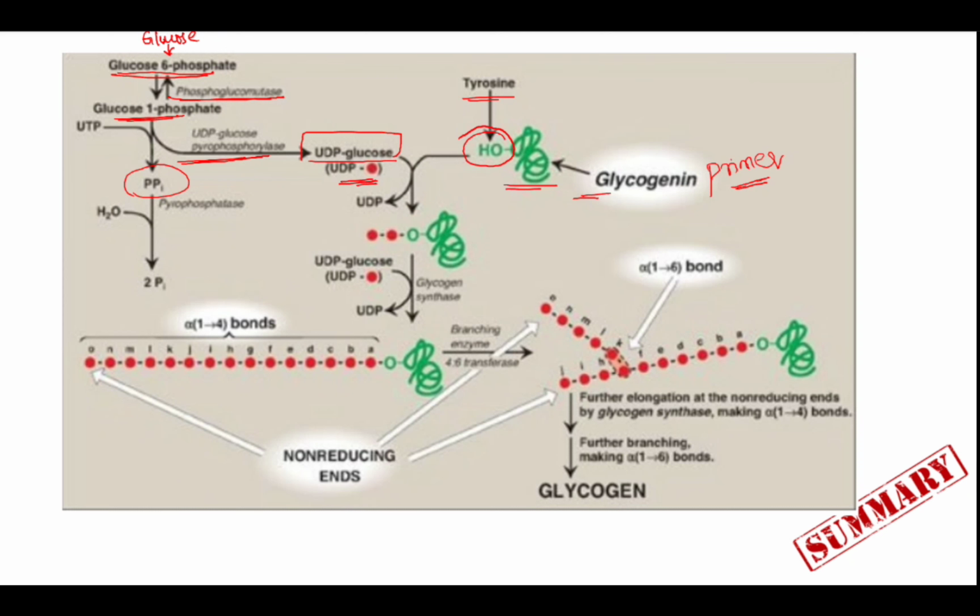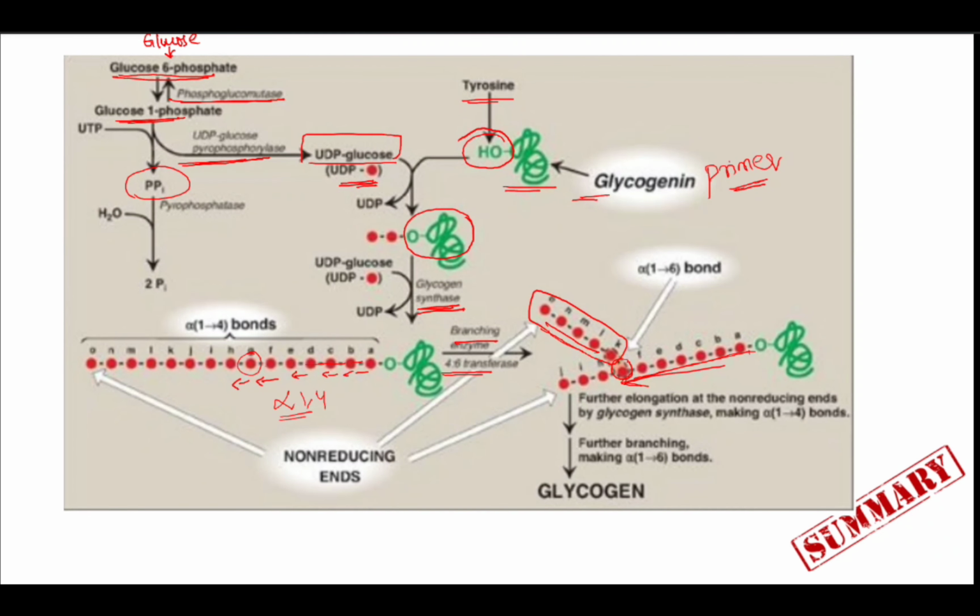UDP glucose transfers this glucose molecule to the glycogenin primer in the presence of the enzyme glycogen synthase. Glycogen synthase can add glucose molecules only in linear fashion, and this process of addition is called glycosylation, and the linkages present in this linear molecule are alpha 1,4 bonds.